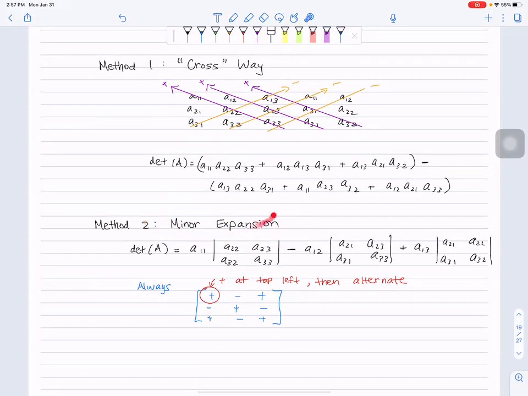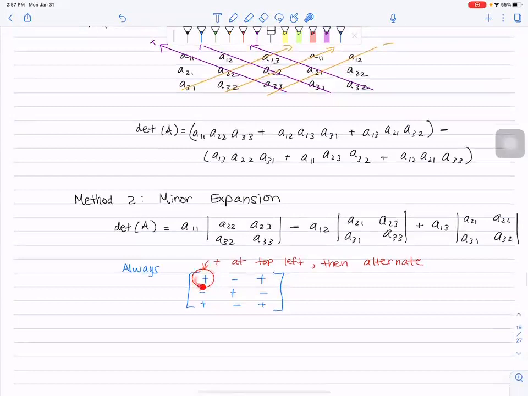I find this more natural. But what you do is you always start at the top left-hand corner. You take that number times the determinant of what's left when you X out that row and column. So what you're left with is the determinant of these two terms.